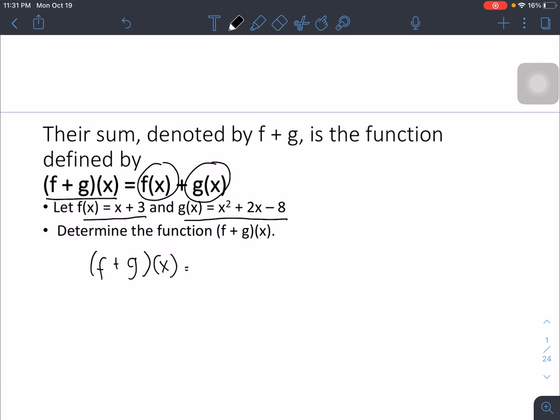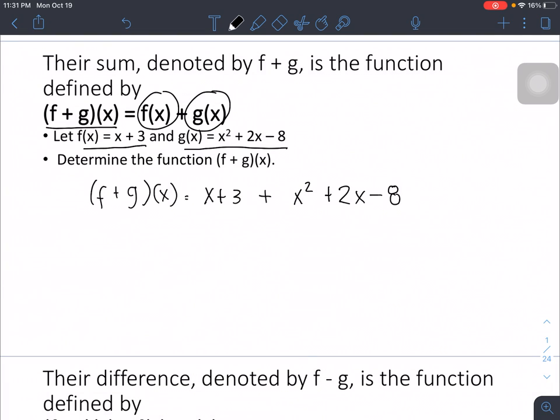So first let us write f of x function, so that will be x plus 3 followed by the addition operation, added with the g of x function, so that will be x squared plus 2x minus 8. So let us combine like terms. Of course we also need to arrange the polynomial in decreasing order.